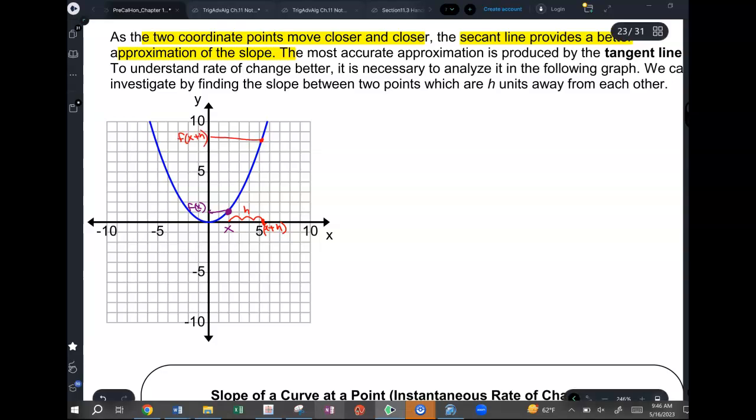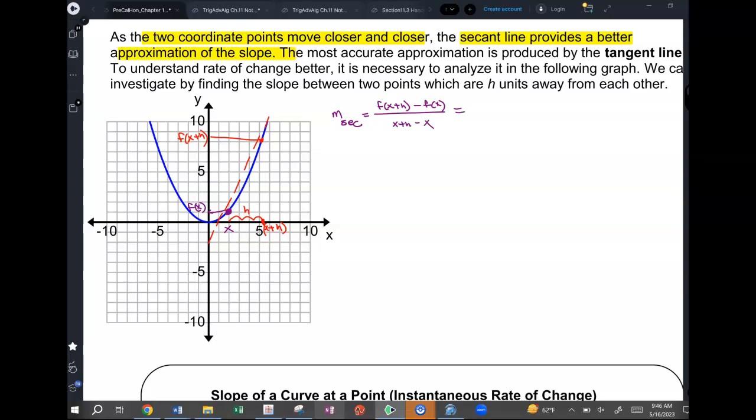Now, if I draw this line, which is the secant line, okay, can I write the equation of the slope for that secant line? So we're going to call that the slope of the secant line. And it's going to be y2, f of x plus h, minus y1, over what? X plus h minus x.